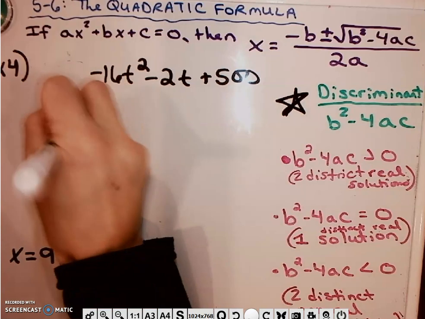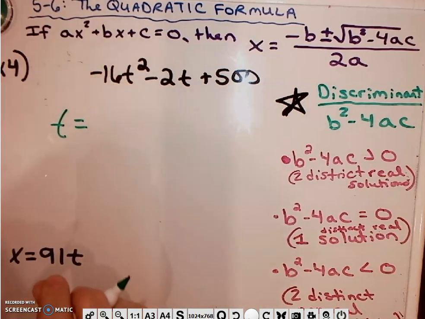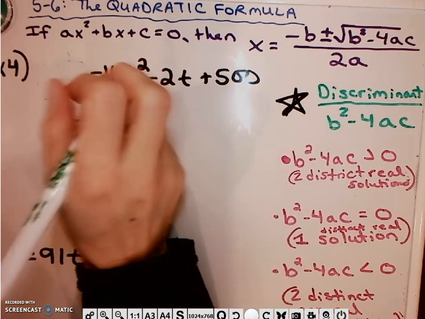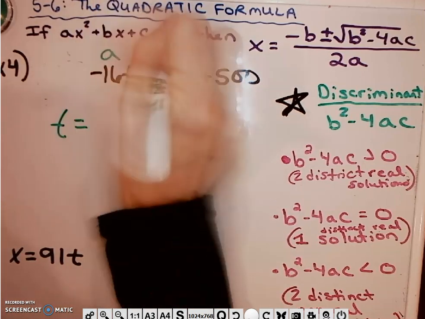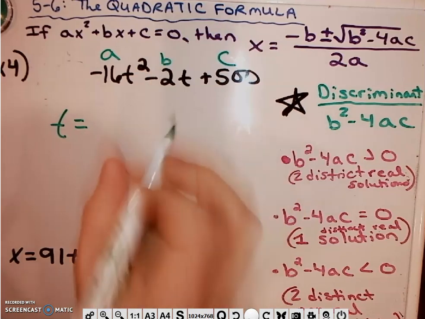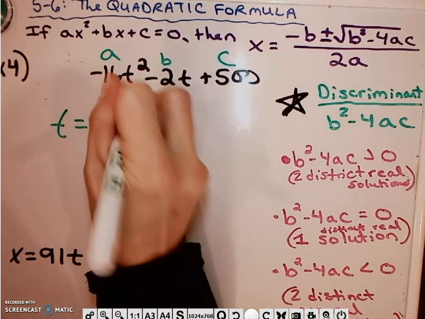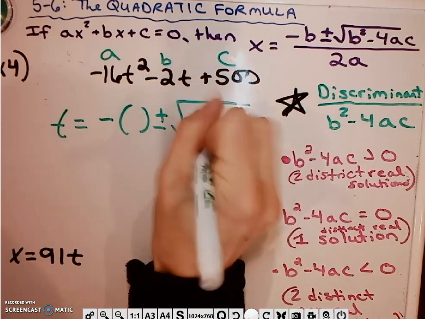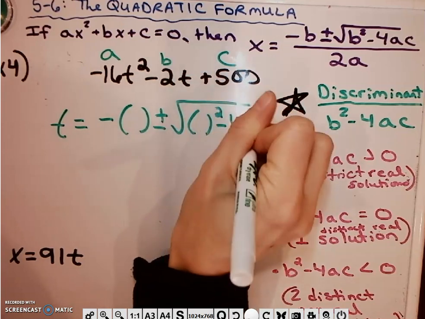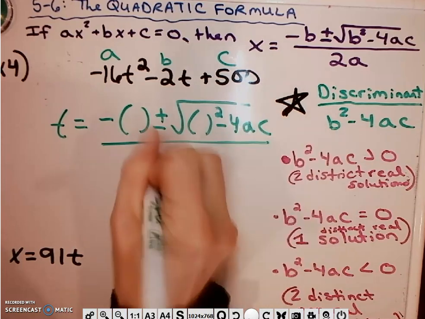Here I have a, b, and c. So negative b plus or minus the square root of b squared minus 4ac, all over 2a.